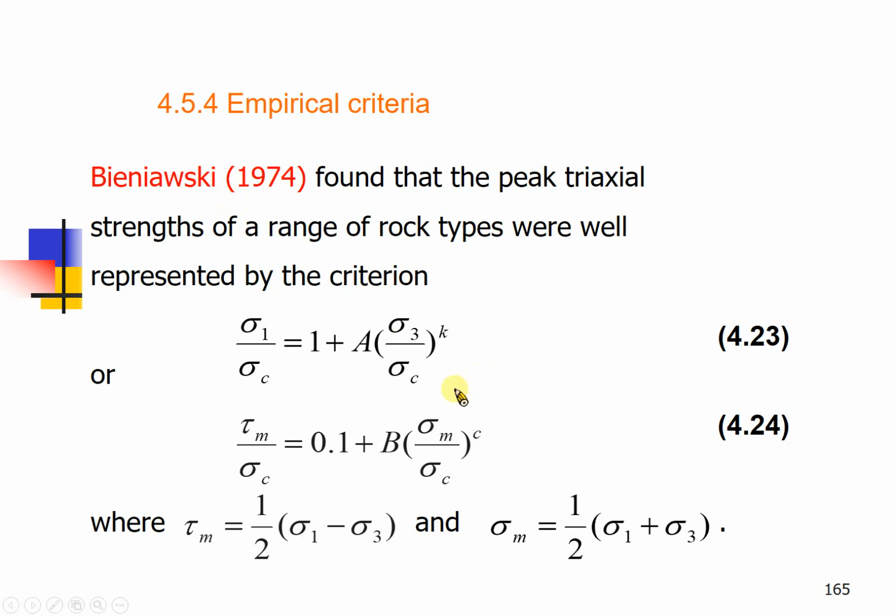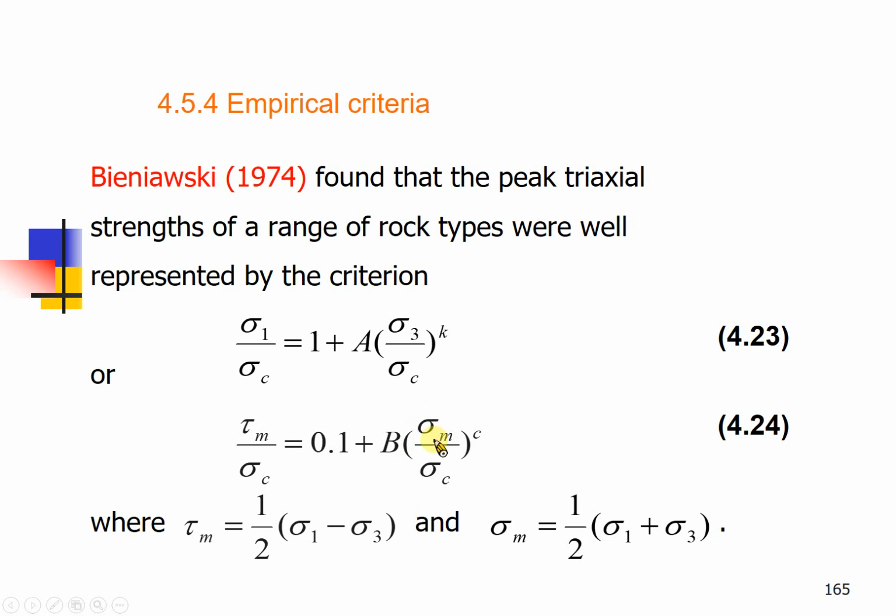Okay, so he provided two equations. One in terms of sigma 1 versus sigma 3. The other in terms of tau versus sigma n. Okay, you already know they can be converted to each other easily.